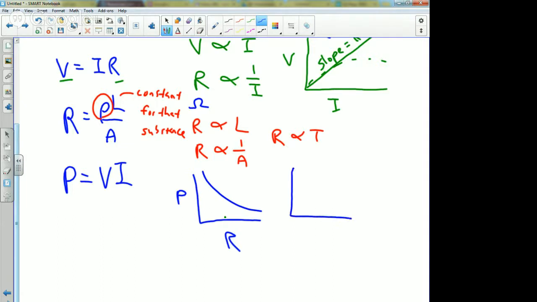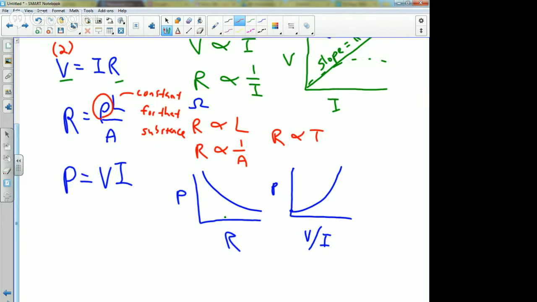Anyway, but power versus voltage or current. What should the graph look like? They are related. As one goes up, the other goes up. But it's not direct. It's exponential. Because normally, if you double the voltage, what happens to current?